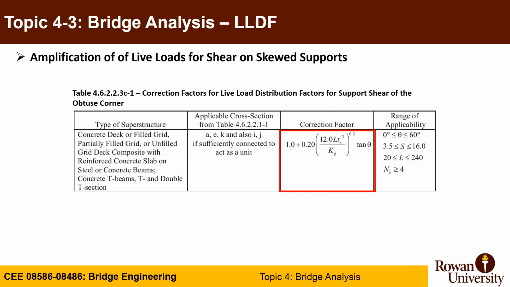And there's a skew factor for that too. In your project, your skew is no more than 20 degrees theta, so I don't think it will be a problem for the moment, but you have to apply it for shear because applicability is between 0 and 60.